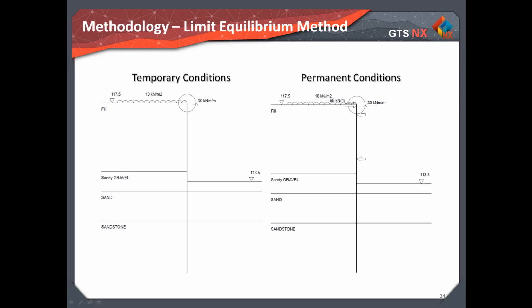In temporary conditions, the wall acts as a cantilever, while in permanent conditions, base and roof slabs act as struts, and the ice barrier wall can also apply 65 kN per meter horizontal load to the pile head.